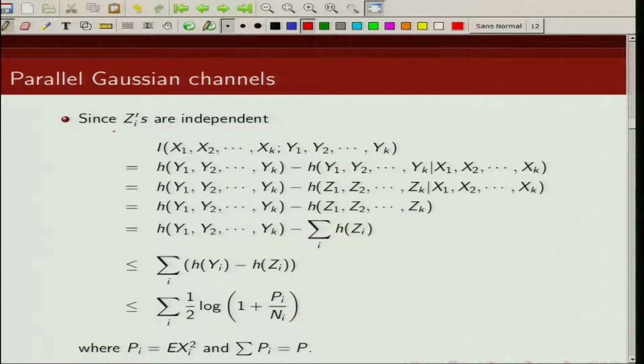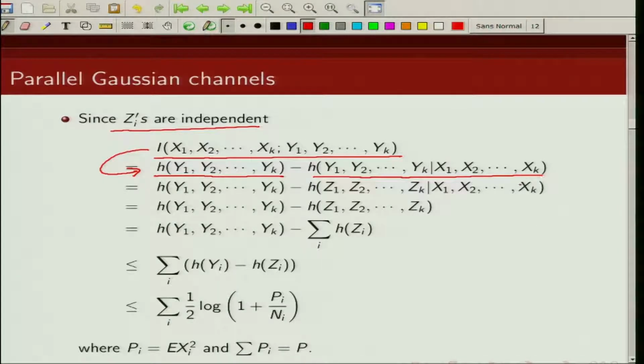Now, since my noise is independent, this is the mutual information between the input of the channel and the output of the channel for the parallel Gaussian channel. From the definition of mutual information, I can write this as the differential entropy of y1, y2, y3, yk minus the differential entropy of y1, y2, yk given x1, x2, x3, xk.